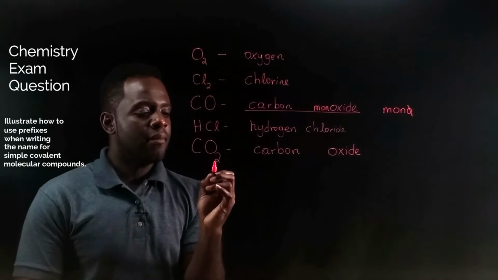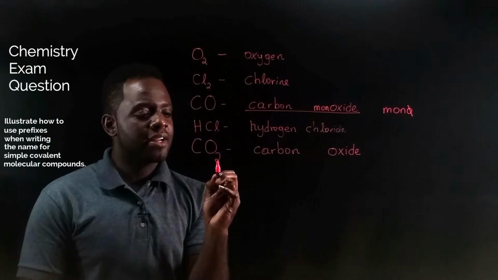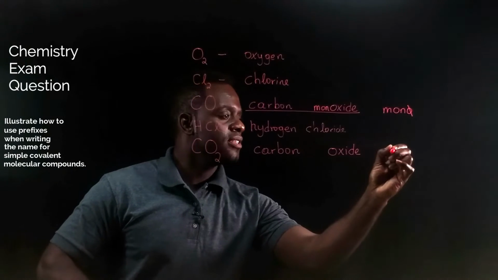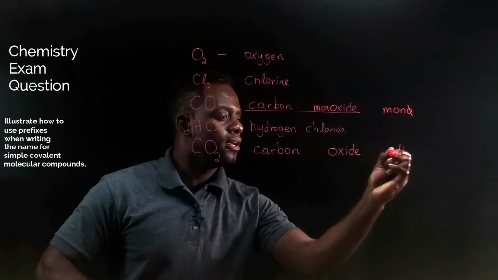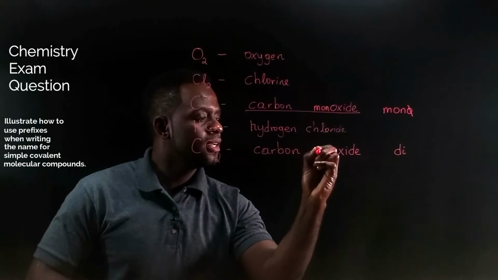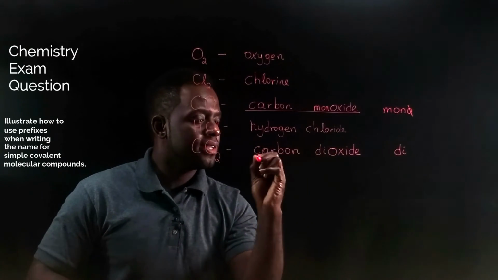We look at the amount of oxygen atoms in the molecule, that's 2, and the prefix there is di. So the name of this molecule is carbon dioxide.